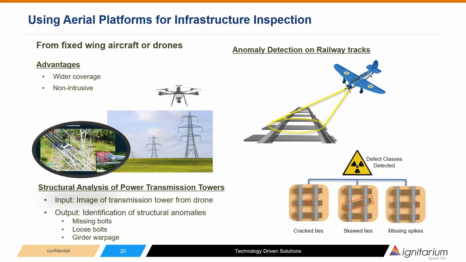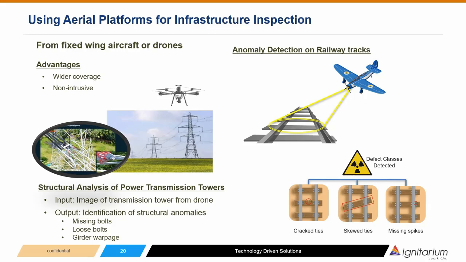Now we discuss the use of aerial platforms as against terrestrial platforms for infrastructure analytics. The aerial platforms of interest include fixed wing aircraft and drones, not the lightweight ones, but the heavy lift, high payload capacity UAVs. The panel on the left shows an actual use case where we use Ignitarum AI software to detect defects on power transmission towers using drones.